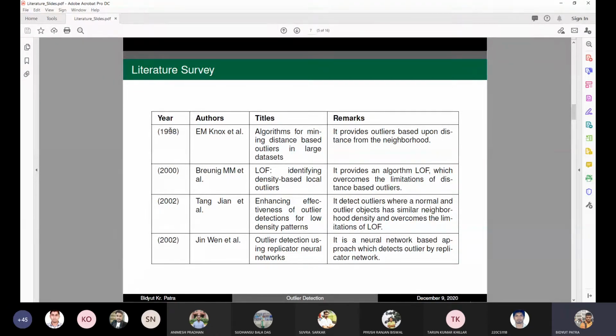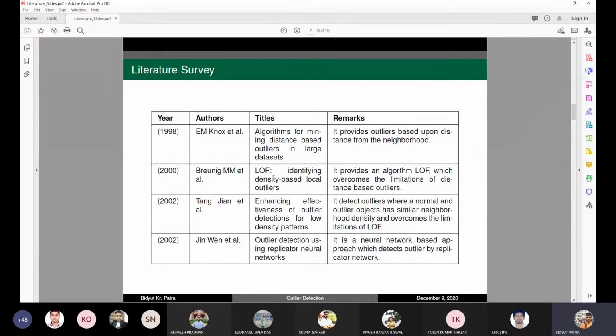Let's say in the original data set the nearest neighbor value of k should be 10, but you have chosen k as 11. It may happen that the 11th point is quite far away, and a normal point will be treated as an outlier. Okay, so to address this distance based issue, in 2000 Breunig introduced the algorithm LOF.